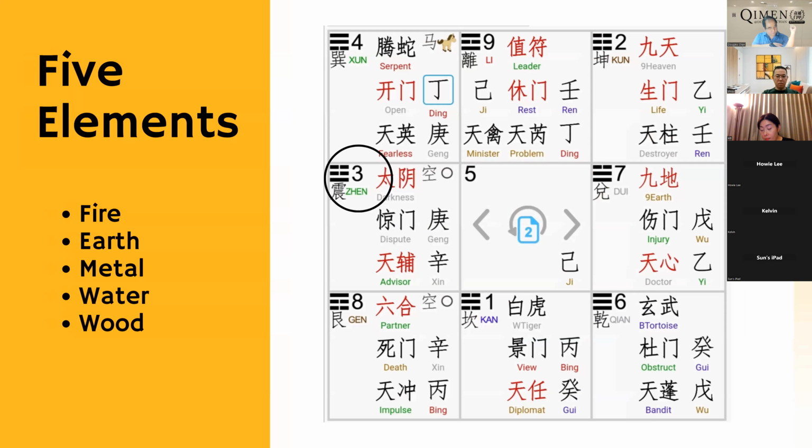You just plot any chart, today's chart, the current chart. Look at the box number 3. There is a green color over here. This green color stands for the wood element.